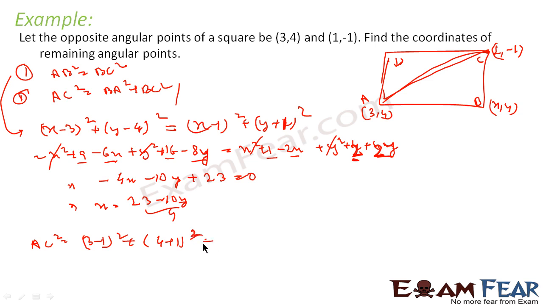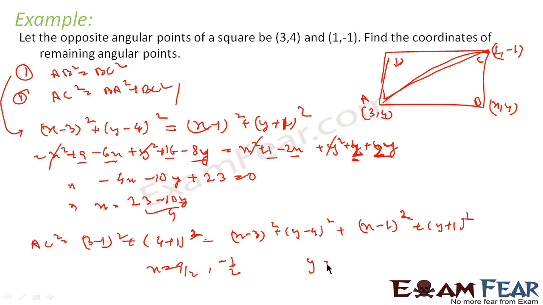This is equal to AB square plus BC square, where AB square is (x minus 3) square plus (y minus 4) square, and BC square is (x minus 1) square plus (y plus 1) square. If we solve these two equations in x and y, you will get the values of x and y. You can try on your own. You will get x is 9 by 2 or minus 1 by 2, and y is 1 by 2 or 5 by 2. This is the answer you will get. Just need to solve the question.